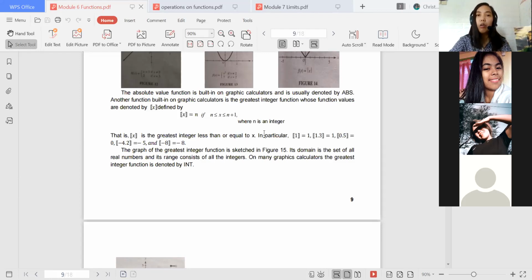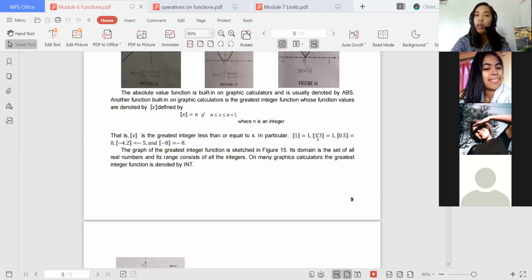Ibig sabihin, when we get the greatest integer of 1, it's an integer, so the greatest integer of 1 is still 1. Hindi pwedeng tataas kay 1. That's why the greatest integer of 1.3 is 1. Hindi pwedeng 2, kasi dapat ang laging sagot ay integer at hindi pwedeng tumaas doon.